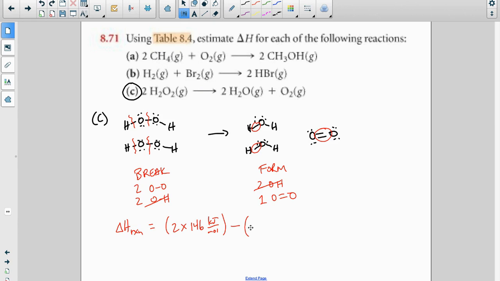And that double bond is 495 kilojoules per mole. So when we work this out, we end up with a value of minus 203 kilojoules per mole reaction. So we can get delta H reaction using our bond enthalpies.